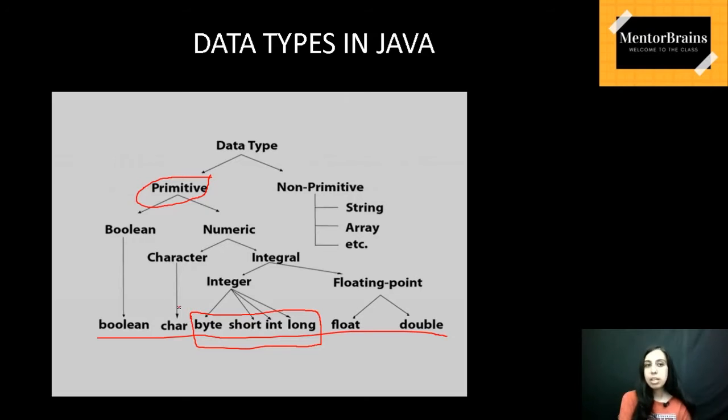And similarly for float and double, why do we need these two data types separately to store decimal point data types? Why can't one data type store a decimal point value? Then again the same reason which follows for integer data types having four types of data types, the same reason is there for floating point also. Let's go into detail about that and then we'll see further.